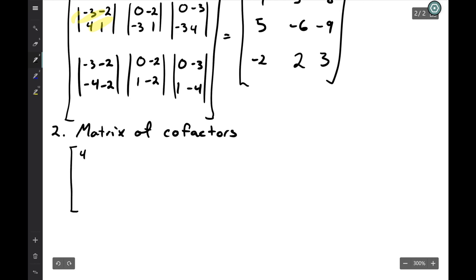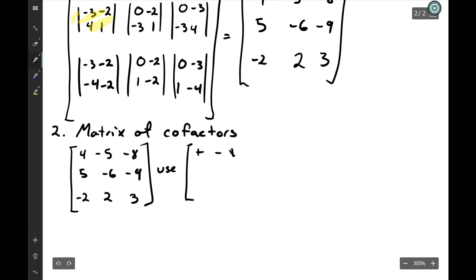It's 4, -5, -8, 5, -6, -9, -2, 2, 3. And you're just going to use your matrix of signs for a 3 by 3, so plus, minus, plus, minus, plus, minus, plus, minus, plus.